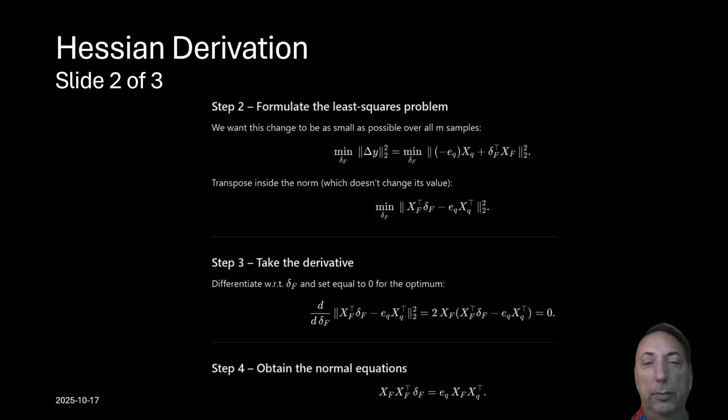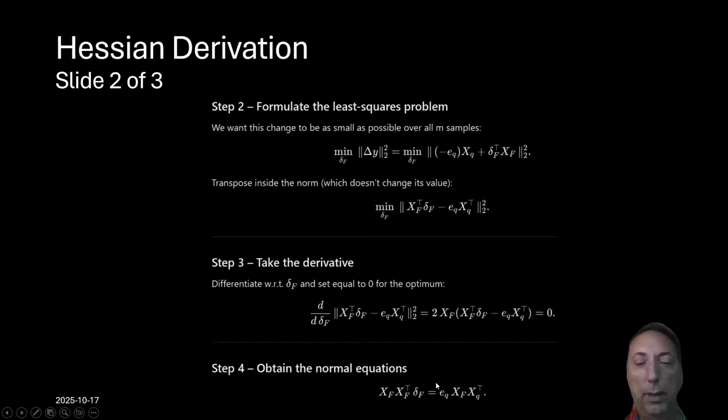And if you remember from first semester calculus, the way we find the minimum of a function is we take the derivative and set it equal to 0. So up here we set that up, and then we take the derivative, set it equal to 0, and solve, and we get this.